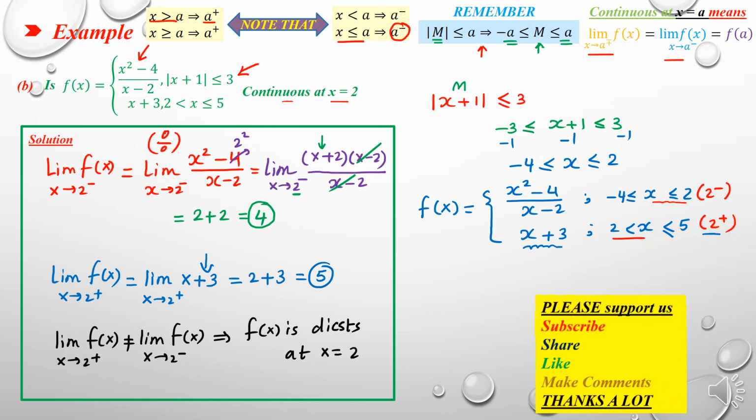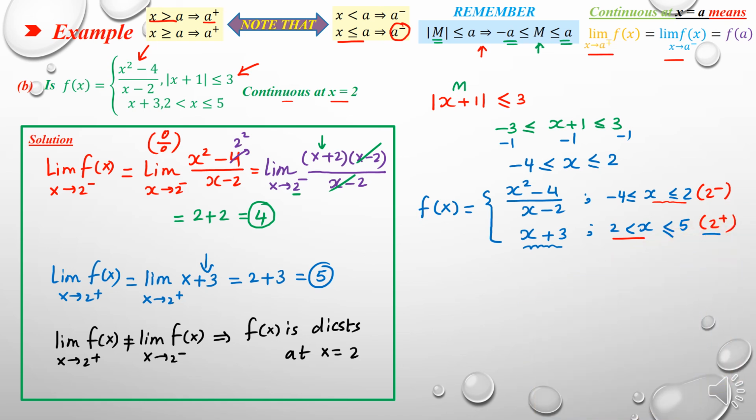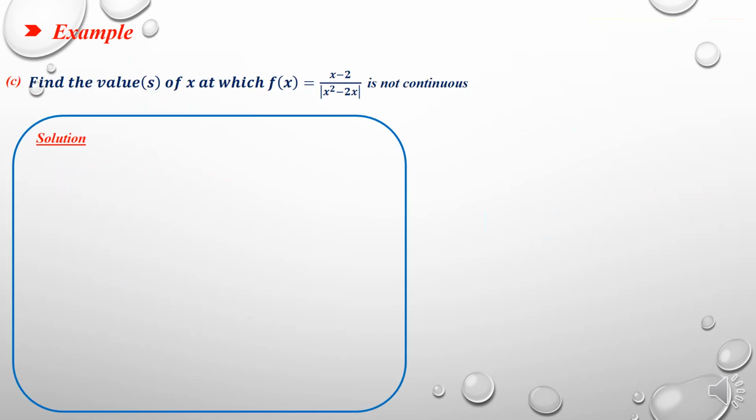So this is the idea of continuity of a piecewise function. You have to check the limit of f of x when x goes to the right of a given value and the limit when x goes to the left of the given value, and check if they are equal or not, and that's it. In part C, the case is different because we don't have a piecewise function.